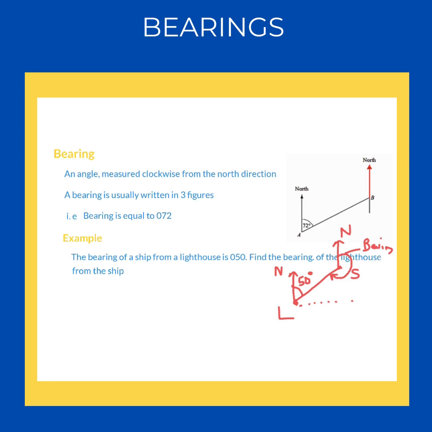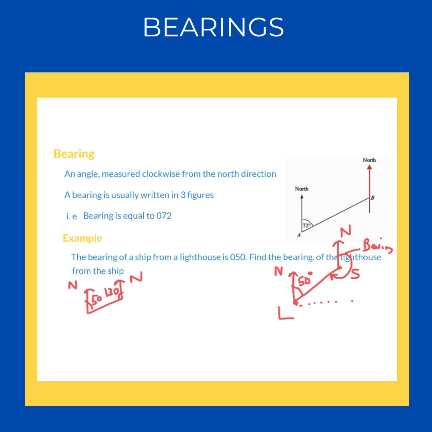Now since I have 2 north signs like that, and north signs are usually parallel, so if this is 50, then this is a supplementary angle, and it is equal to 130. So 130 and 50 is equal to 180. Now how can I find the bearing?